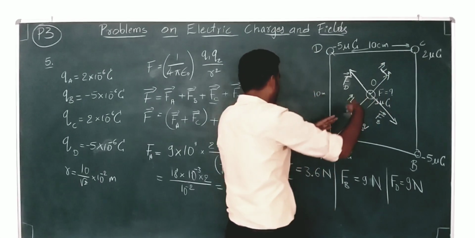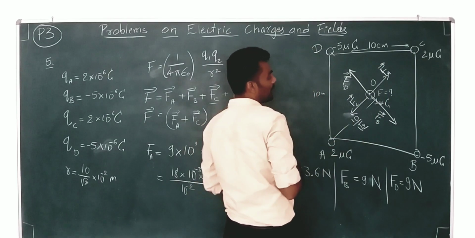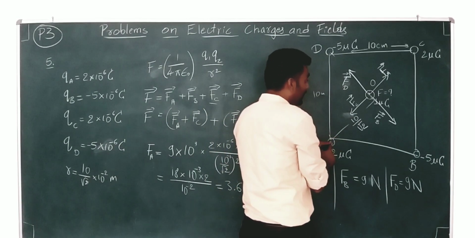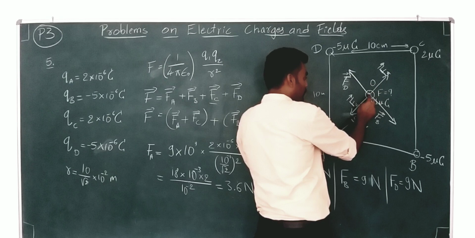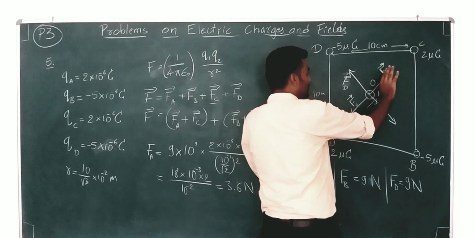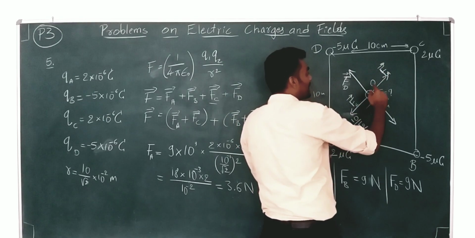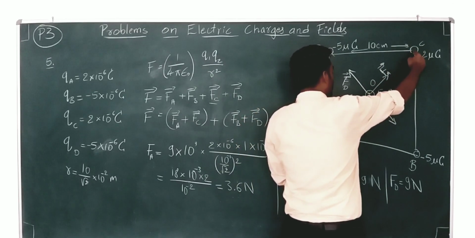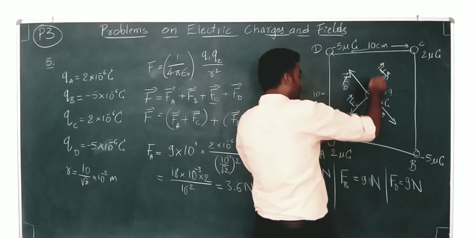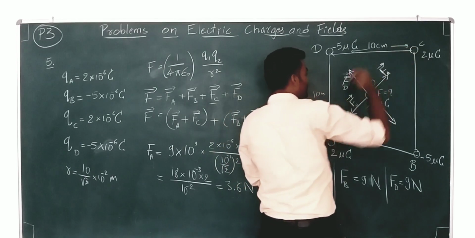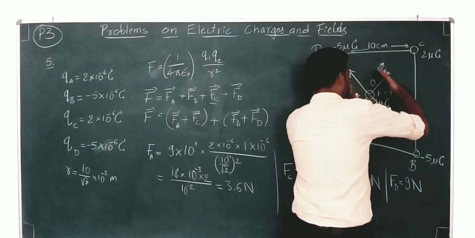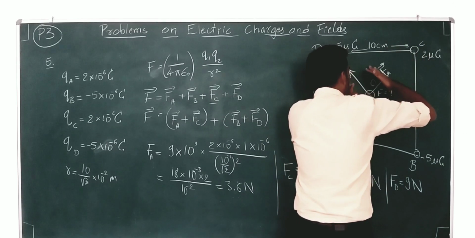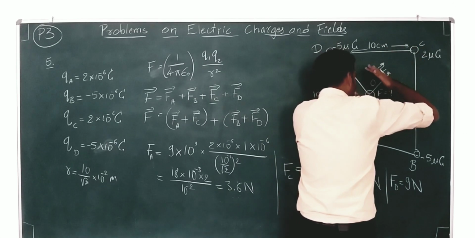So after simplifying that into the formula, you can observe that this charge A will push this charge O in this direction with a force which is exactly equal to that of the force generated by this C on this O. Okay. So both charge A and charge C are pushing this charge with the equal amount of force.